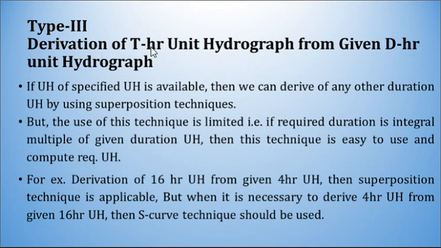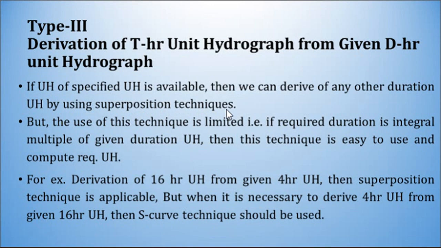Derivation of T-hour unit hydrograph from given D-hour unit hydrograph. If durations are different, then this is the typical third type to find out a unit hydrograph. If a unit hydrograph of specified duration is available, then we can derive any other duration unit hydrograph by using the superposition technique.